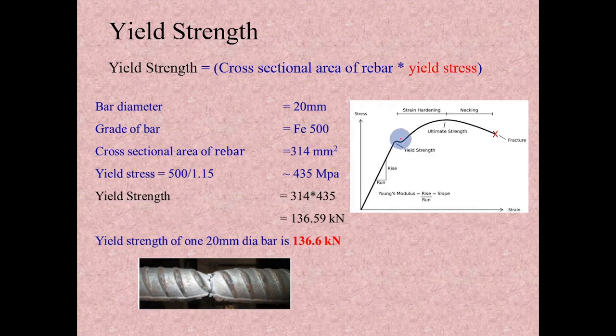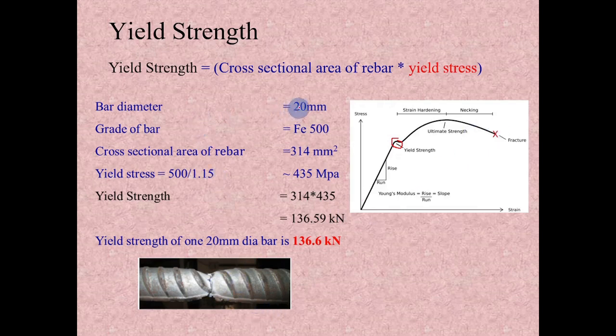This point is called yield strength, yield stress. And this yield stress into cross-sectional area will give the yield strength of the rebar. After this point, again the stress will start increasing due to strain hardening. It will reach the maximum point. After that the neck will start forming. After some time this will fracture.